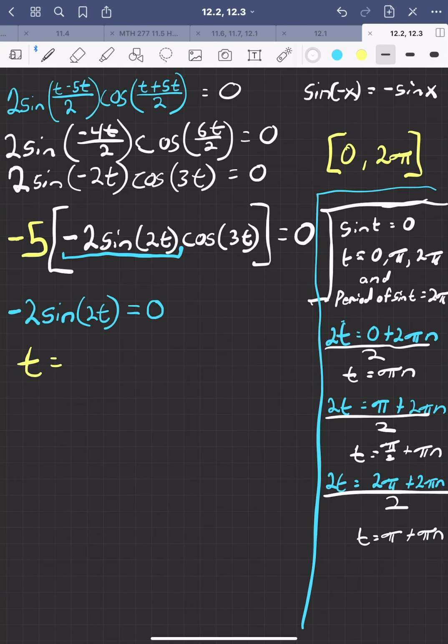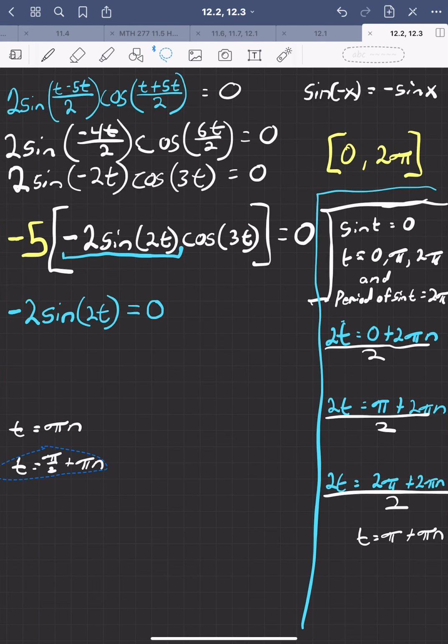So, all right. At this stage, I think I should be able to figure out what values of t would work. So I'm going to take this, place that here. I'm going to take this, place that here. Take this, place that here.